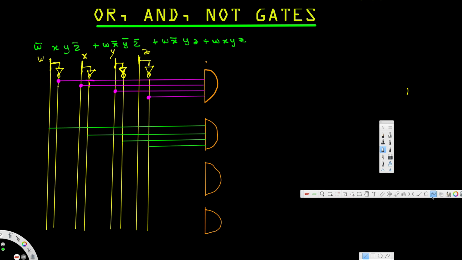Wherever it's touching, we have to put a point. So here we need to have a point, here we need to have a point, here we need to have a point, and we need to have a point.